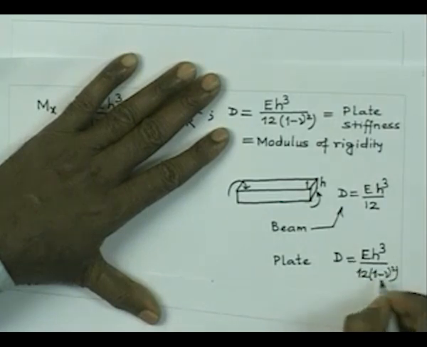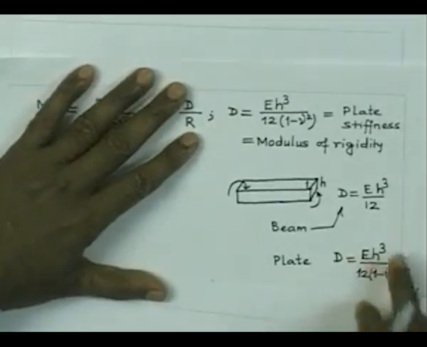So, Poisson's ratio is always less than 1, and therefore you get extra rigidity.